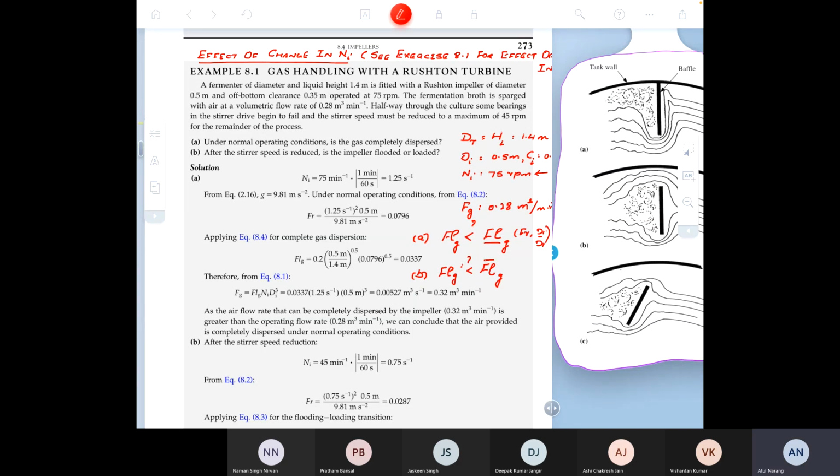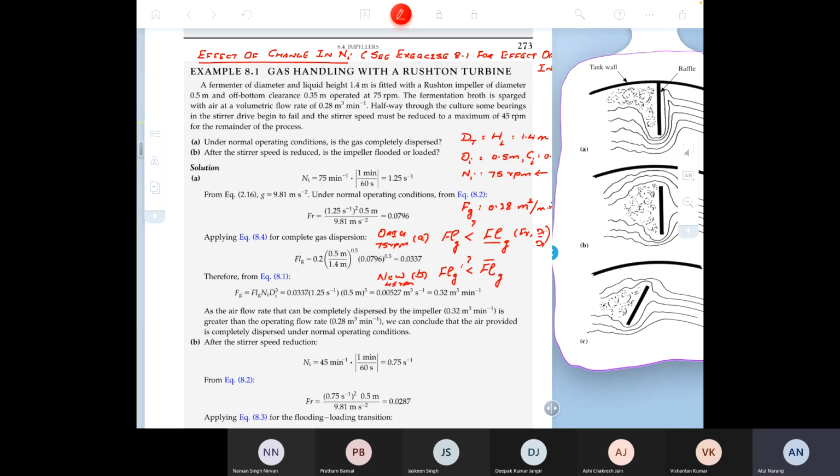So now, of course, you'll have to do the calculations with the new conditions, right? You'll have to do the calculations with n sub I equal to 45 RPM as opposed to 75 RPM. So the first problem is done under the original conditions, and the second problem is done under the new conditions. This is 75 RPM, and this is 45 RPM.